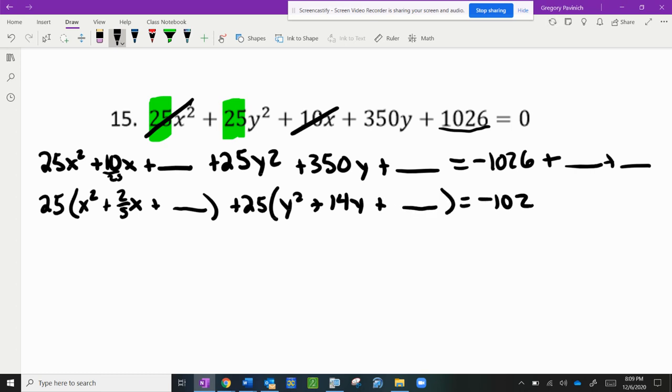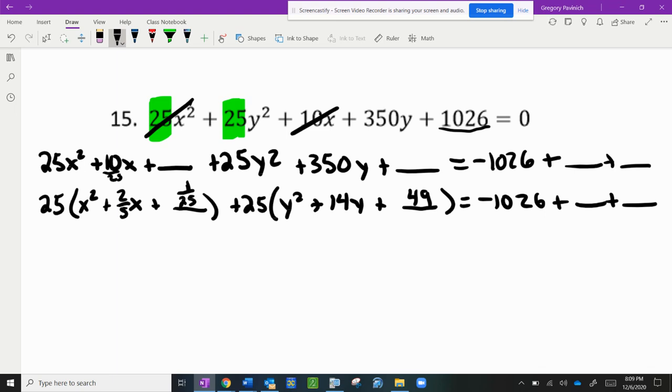Get negative 10/26. Okay, now that I factored out my 25, I'm ready to do half squared. So half of 2/5 is 1/5, squared is 1/25. Half of 14 is 7, squared is 49.